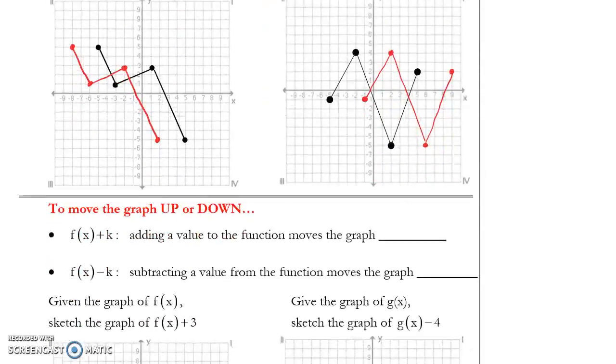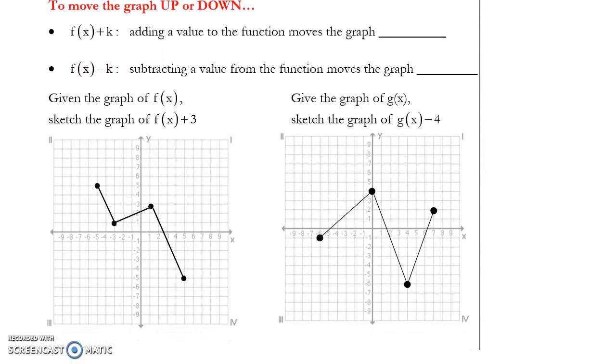The rules for up and down are a little bit more straightforward, which then again confuses the issue. Okay? But now when I'm shifting this up or down is a shift in the y direction. So we want to recall that f of x is the same thing as y. So at this point, I'm going to be either adding or subtracting to the function, to f of x.